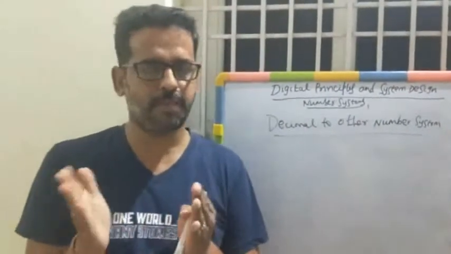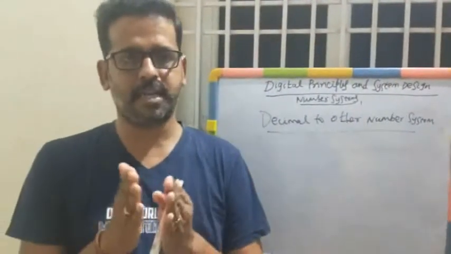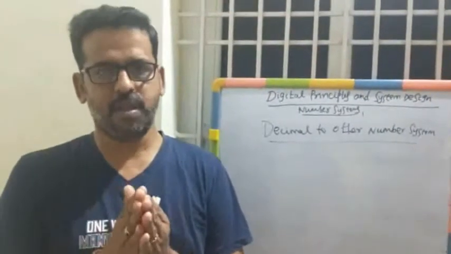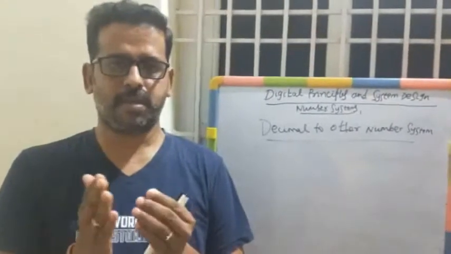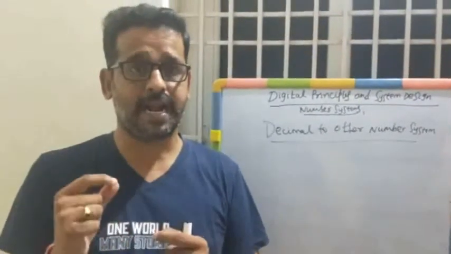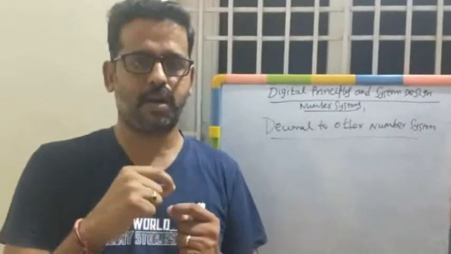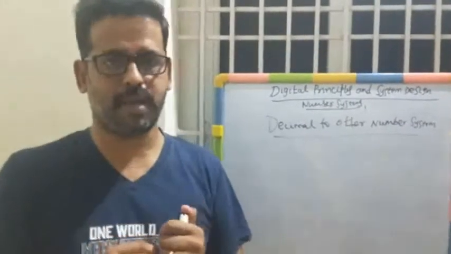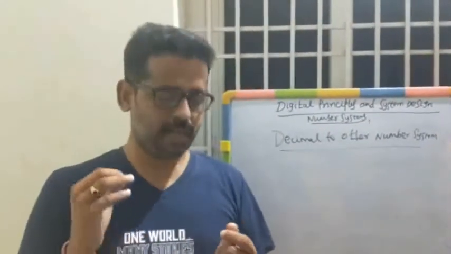Now I will tell you the procedure for converting the integer part into another number system. You need to divide the given integer part by the base or radix to which the decimal number has to be converted. I will repeat once again: if the integer part of the decimal number has to be converted to any other number system, you have to divide by the base to which the number has to be converted.